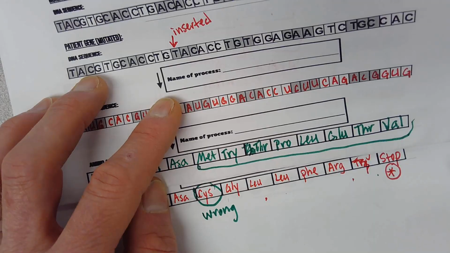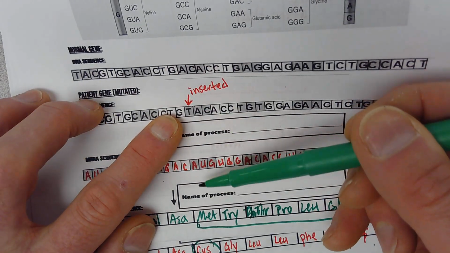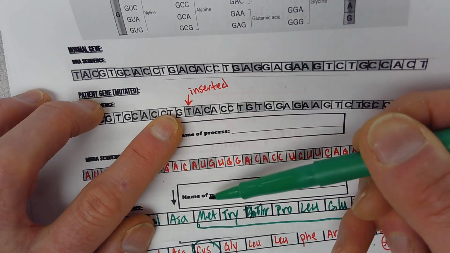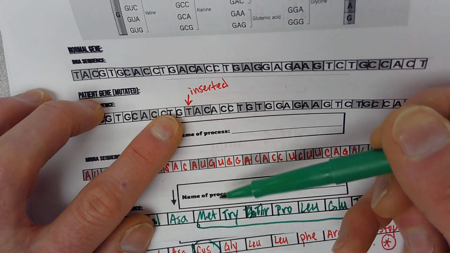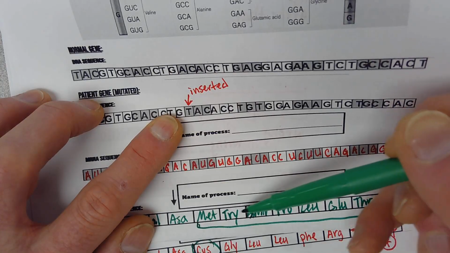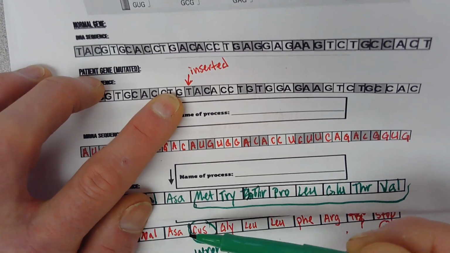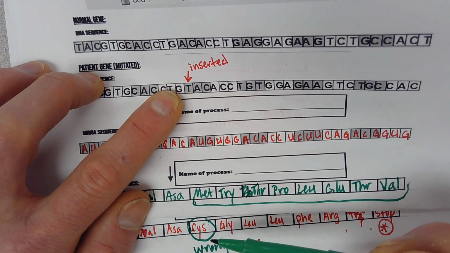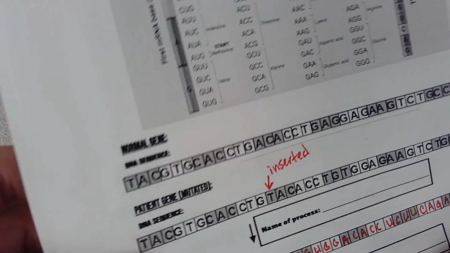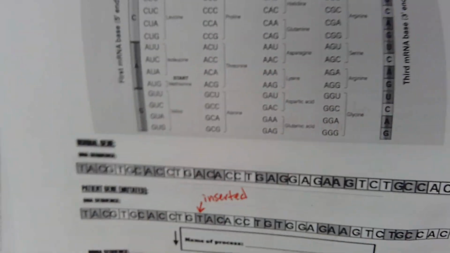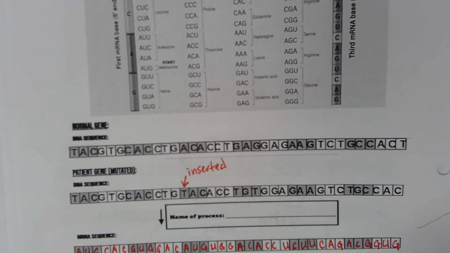Because everything else shifts, right? So I've inserted it here, which makes sense why this all of a sudden is a wrong amino acid. Whereas with a point mutation, it was just one, and then everything else was correct. All right? I'm just going to put that in there.